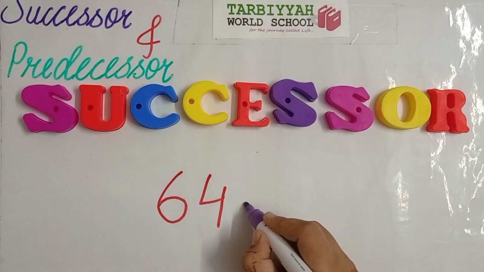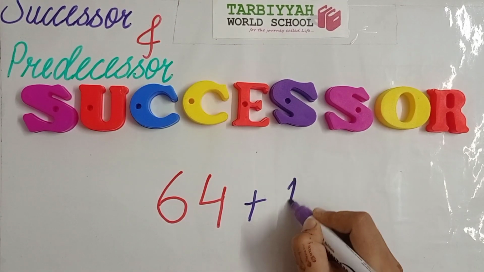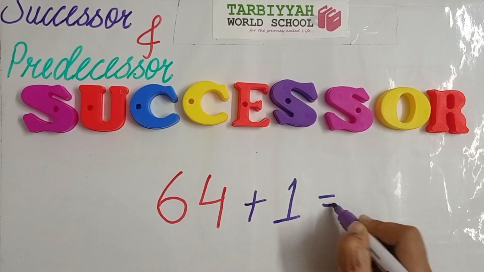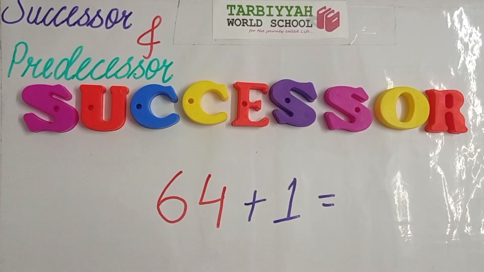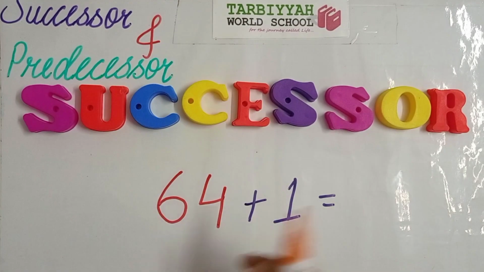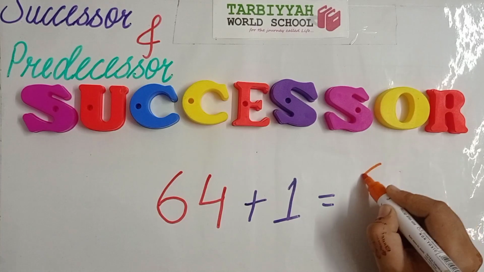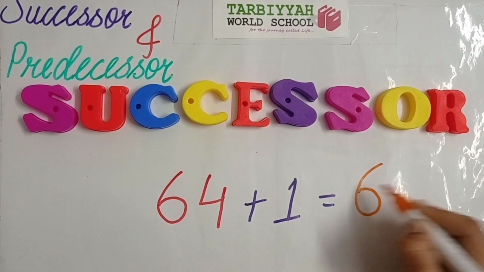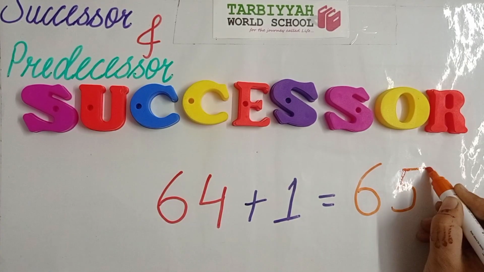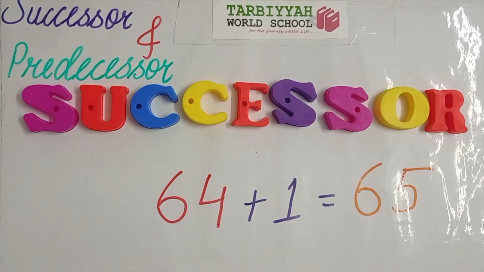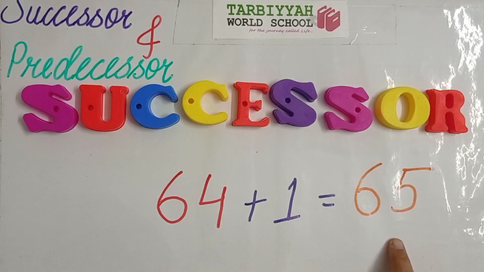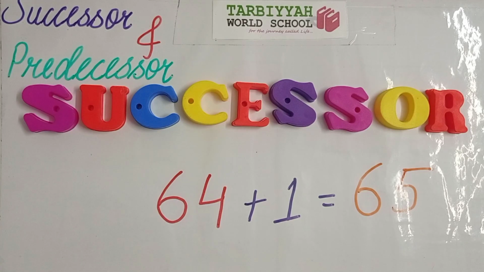So we have to add 1 to 64. Then 64 plus 1 is 65. So the successor of 64 is 65. Like this we can find out the successor of more numbers.